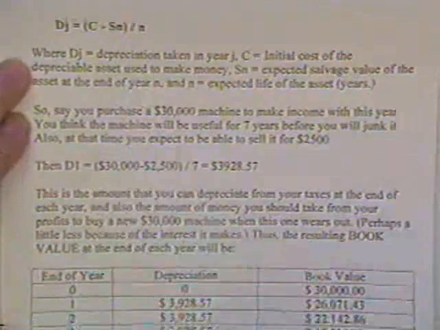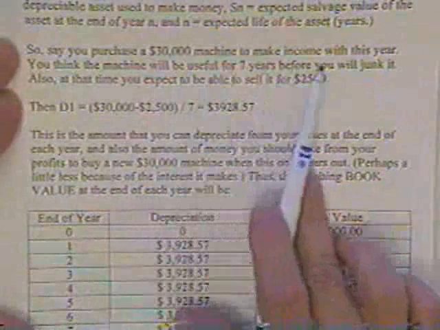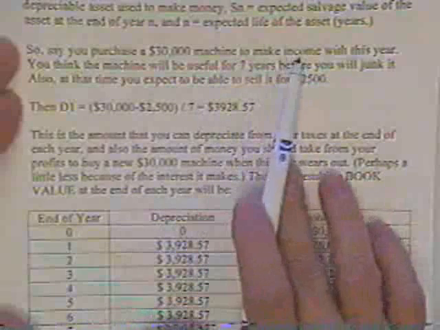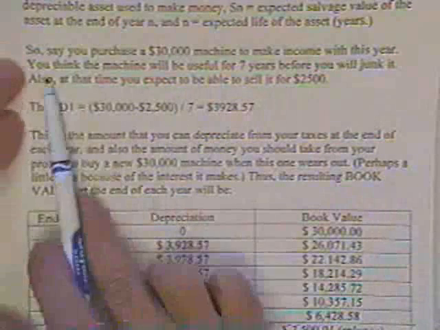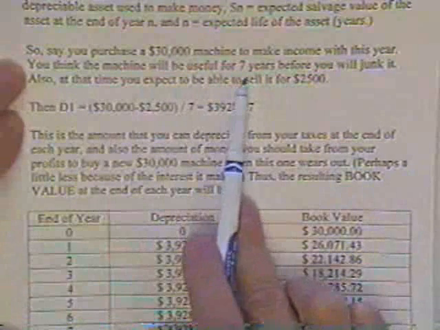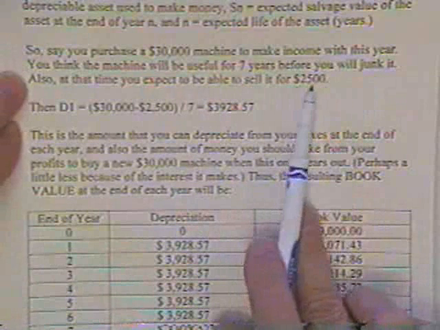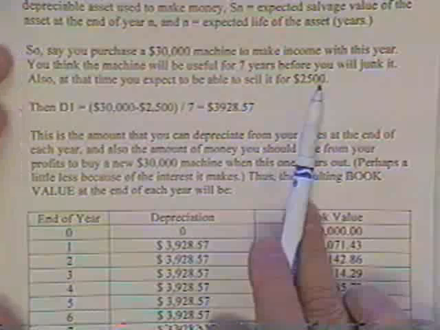So, say that you purchased a $30,000 machine, you're going to make income with it. Obviously, if you don't intend to make income with it, Uncle Sam's not going to let you depreciate it or write it off. You think the machine will be useful for 7 years, well, you'll get rid of it. Also, you think its salvage value at the end of 7 years is $2,500.